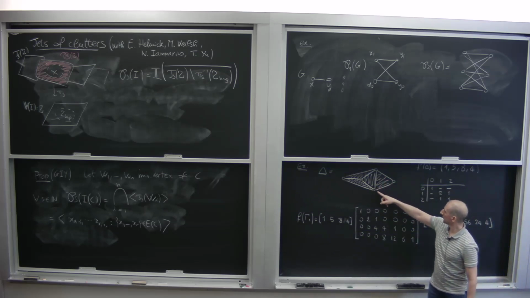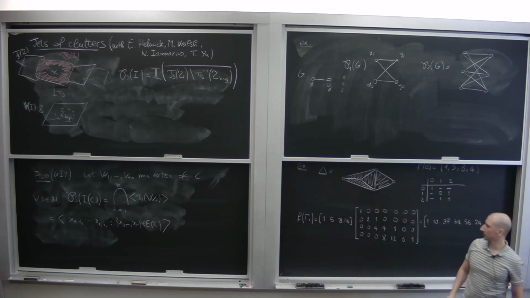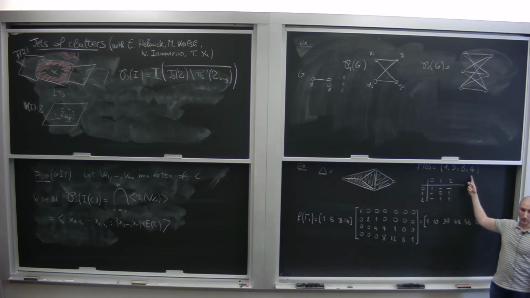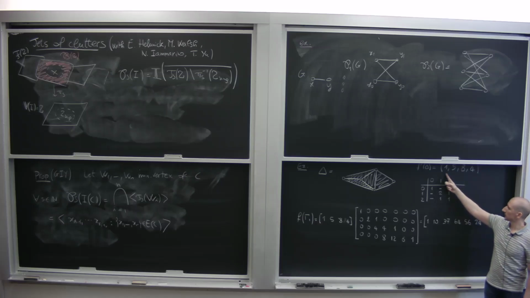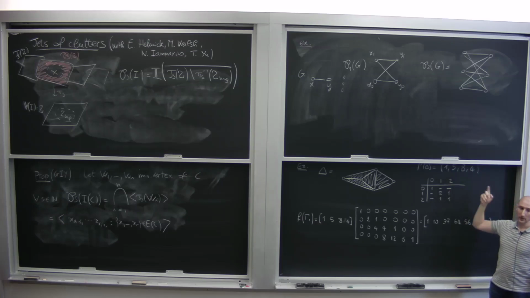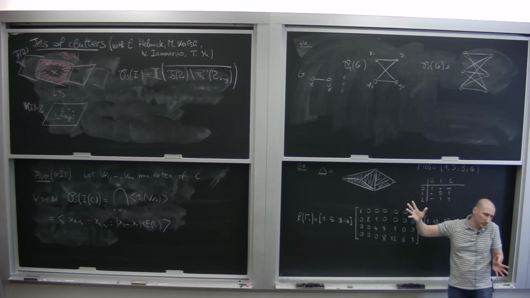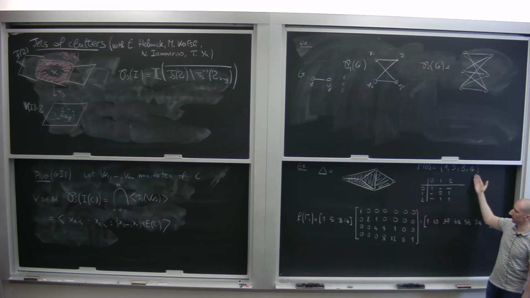So 1, 2, 3, 4, 5 vertices, 4 triangles filled in. So those are 4 facets of dimension 2. It has a certain F vector. So 1 face of dimension -1, 5 faces of dimension 0, 8 faces of dimension 1, 4 faces of dimension 2. And if you know the F vector, you can actually compute the Hilbert series of the Stanley-Reisner ideal of this thing. Okay, so the goal was the Hilbert series, but we just do it with the F vector.